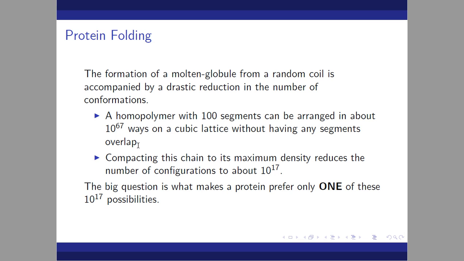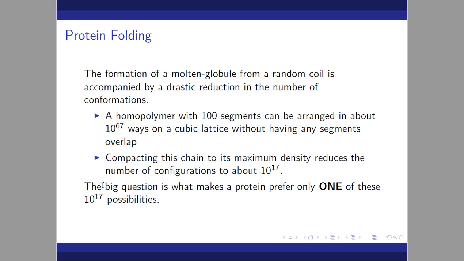This is like when we sleep, there are many sleeping positions we can take. So for only 100 segments, we have 10 to the power 67 configurations or conformations. Converting this chain to its maximum density reduces the number of combinations to about 10 to the power 17. So from 67 down to 17.